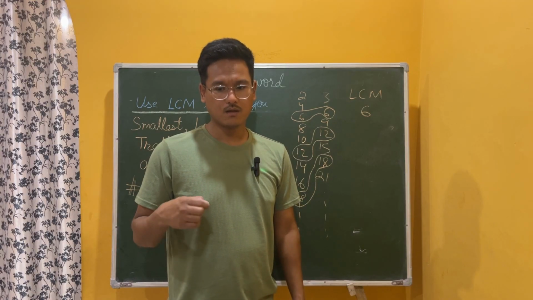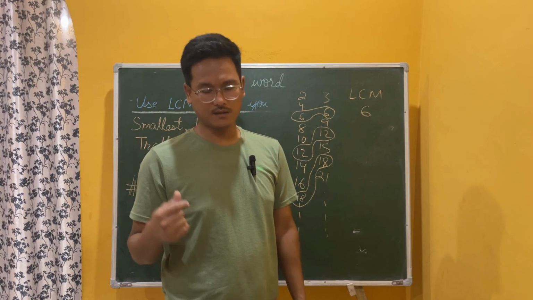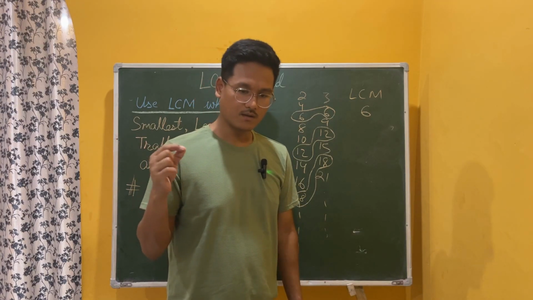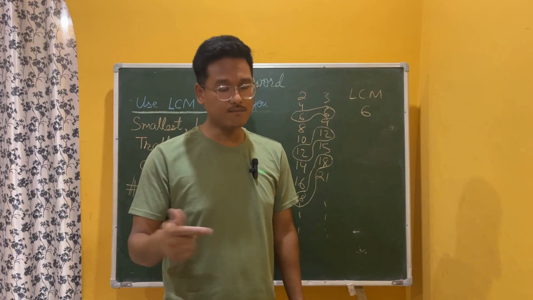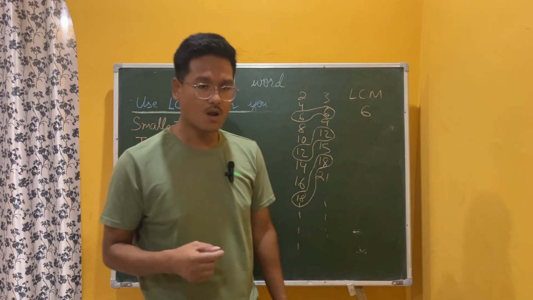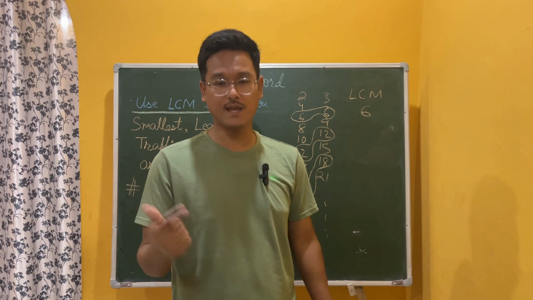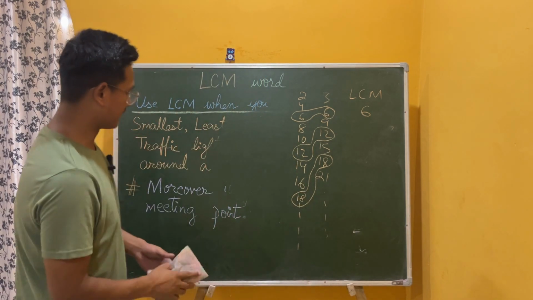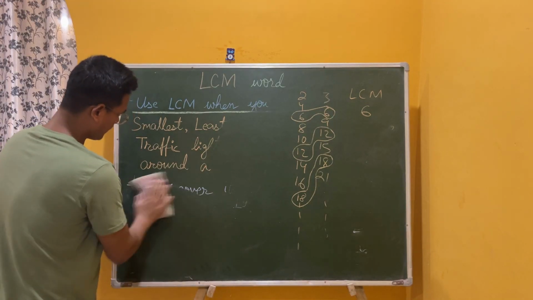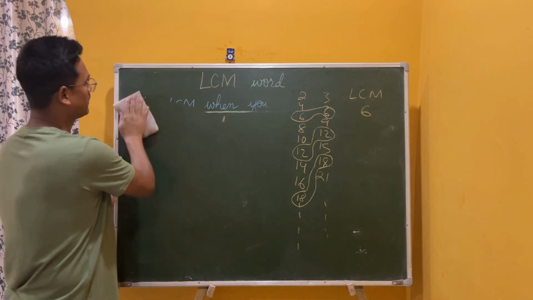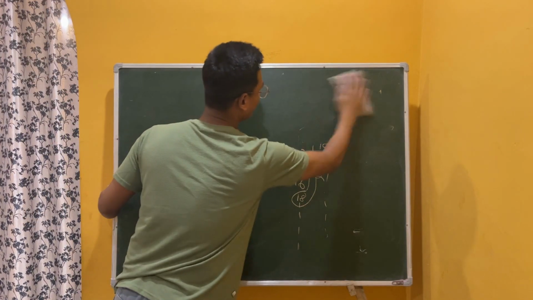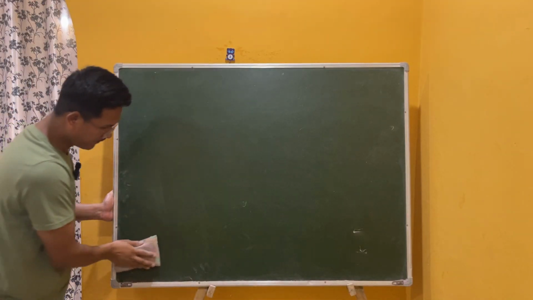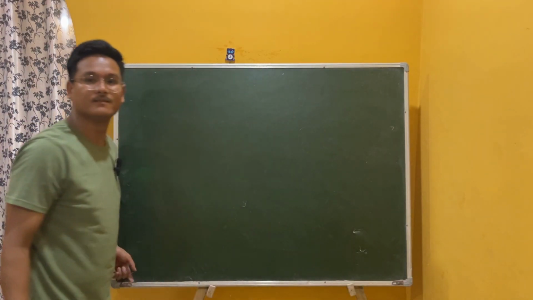If it continues, that person will not just meet, he'll cross that person and again meet after some time. But we are concerned about when he will first meet again after both of them leave. So that is the point here. We have plenty of questions to solidify our understanding. Let's begin solving the questions.